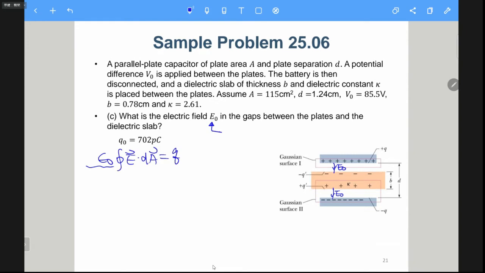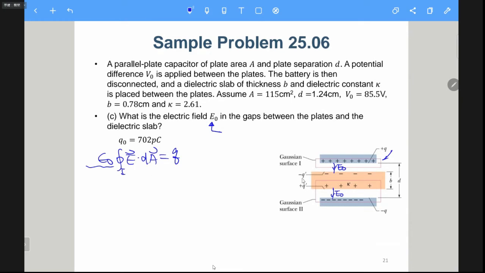Okay, so we consider Gaussian surface 1 because we would like to know E0 here. So E0 will cross this surface. There will be no E field crossing the upper surface because this is a conductor, so there's no E field inside the conductor, and so as this tube. So we consider the Gauss law for the Gaussian surface 1.